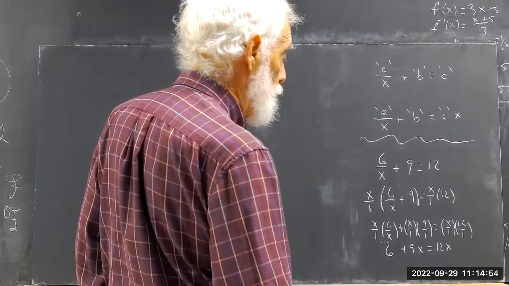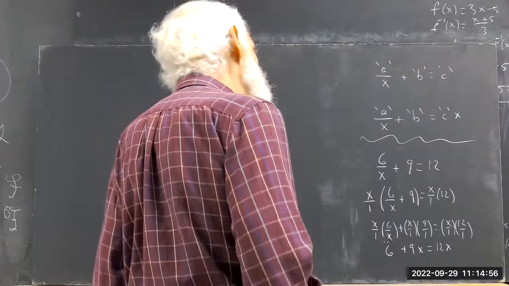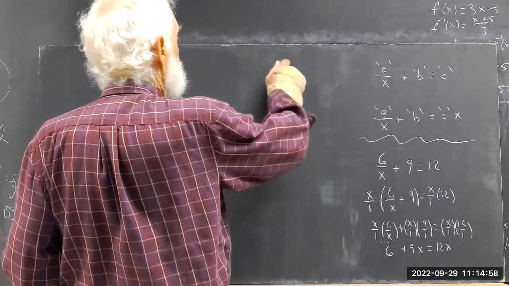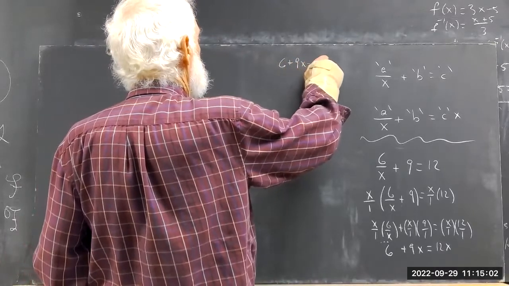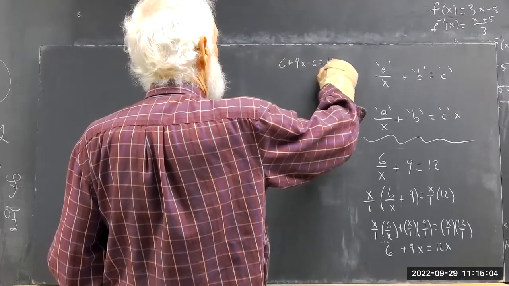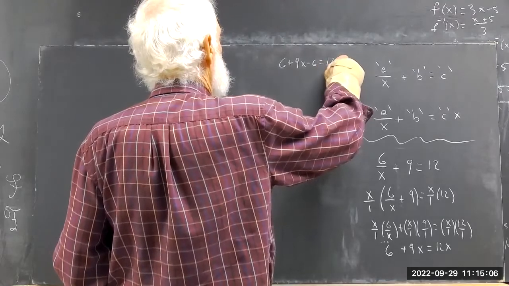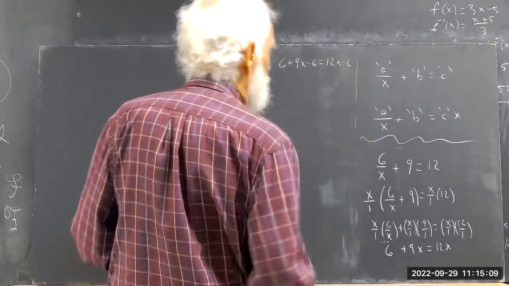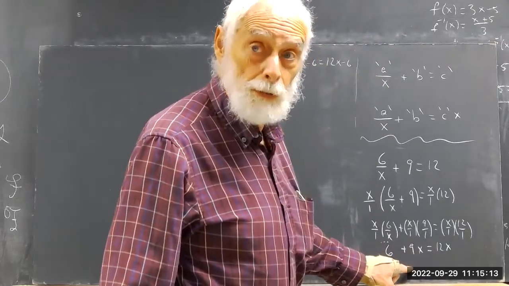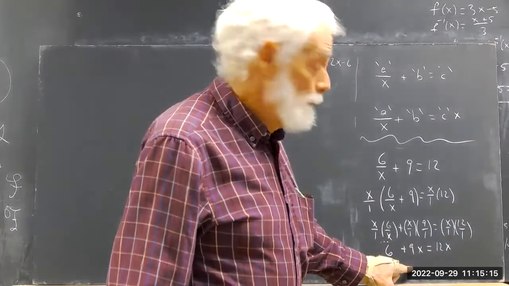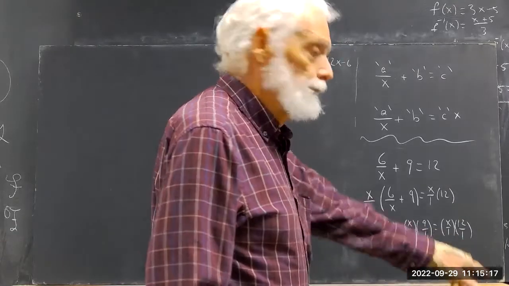Okay, so what do we do now? Well, you have options. You could subtract 12x from both sides because you know you're going to want all your x's over here. But usually you look at constants on this side and get rid of them.